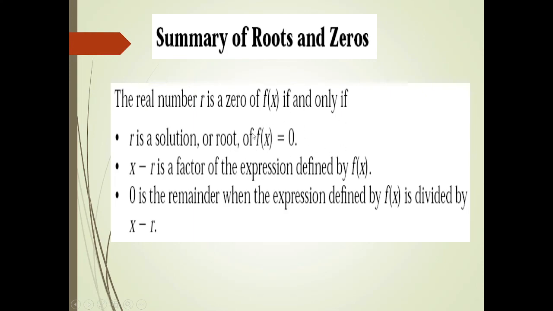Once the value of the equation is 0, then r is a solution. Also, x minus r is a factor of the expression defined by f of x, and 0 is the remainder when f of x is divided by x minus r. So, that's it. I hope you learned something today.